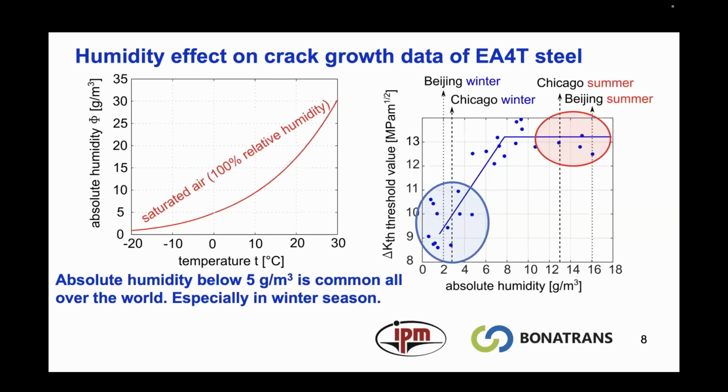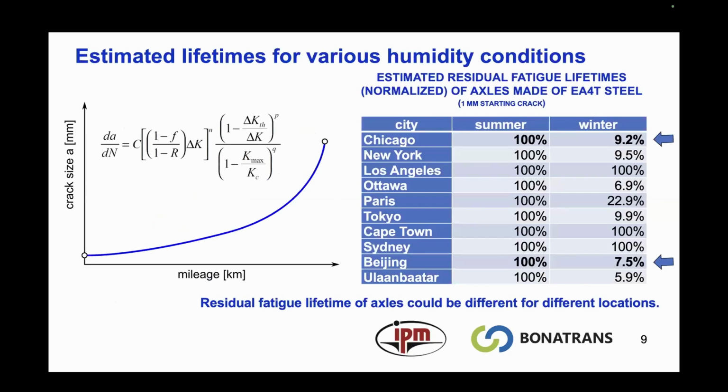For summer conditions, the measured value of the stress intensity factor threshold is about 13, and for winter conditions, it's about 10.5 megapascals square root meter. So you can see the important difference between these values. There is a bit of a funny table, but I would like to show you the importance of the weather conditions in your estimation.